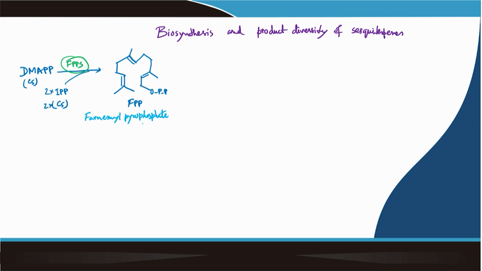This will be converted into different sesquiterpene molecules. So, here I am not discussing the reaction mechanism. I will first put the several products which form from farnesyl pyrophosphate. So, one main example is your farnesene.